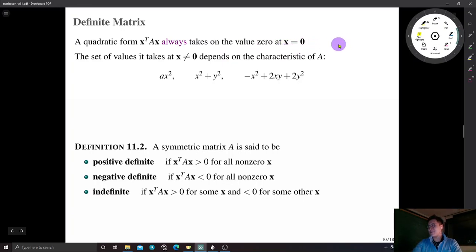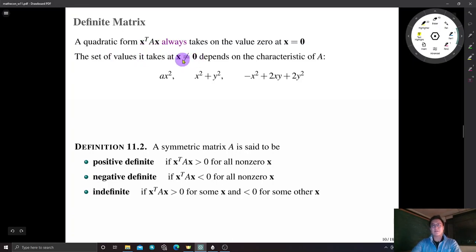So that is not that interesting. That is always true. It always takes the value of 0 at the zero matrix. What is interesting is, what is the value of this quadratic form at non-zero matrices?